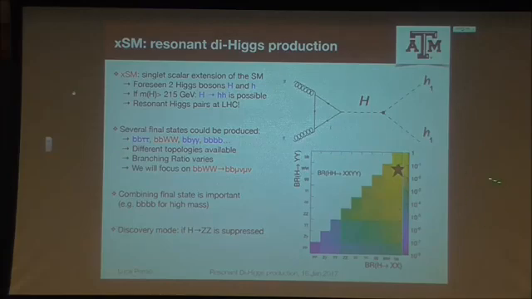So here in this plot, you can see the branching fraction of one Higgs versus the other, and on the z-axis you have the branching fraction value. So you could go from bbbb, which has the biggest branching fraction, to some more disadvantaged channels. Of course, you want to pick something that has a high branching ratio, but also that you can reconstruct.